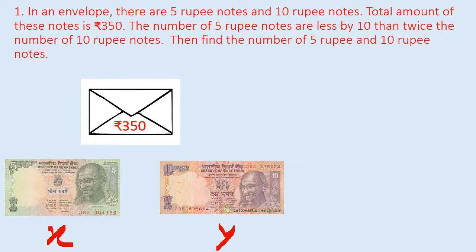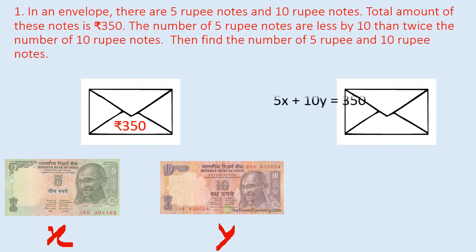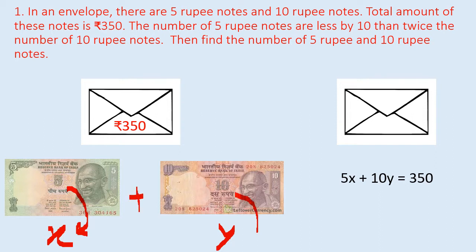If I want to form the first equation according to the first sentence, then in this envelope 5x plus 10y will be 350 rupees, because how many 5 rupee notes are there? x. So 5 into x will give us some value, plus the 10 rupee notes. We don't know how many there are, so 10 into y, 10y, will give us 350 rupees. So this is going to be our equation 1.